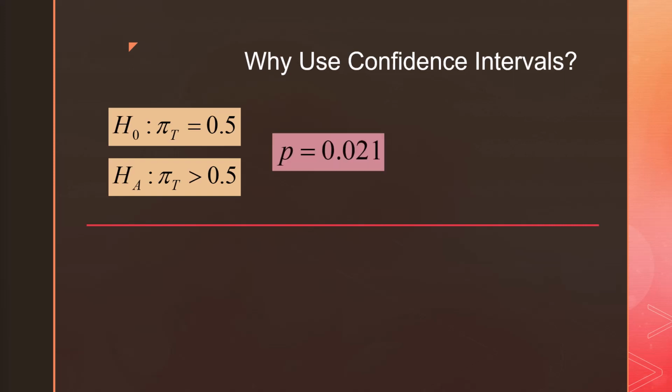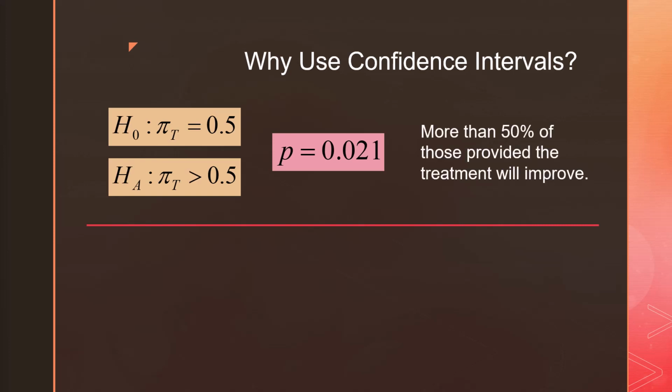Suppose we calculate a p-statistic of 0.021, and that we're using a nominal alpha of 0.05. We can conclude that indeed more than 50% of those provided the treatment will improve. This is the type of outcome we hope for when we test hypotheses.